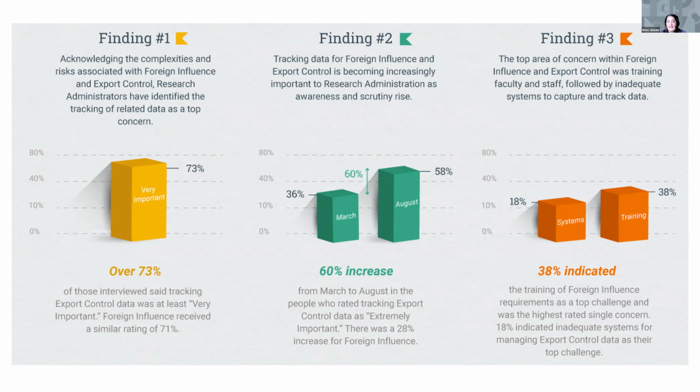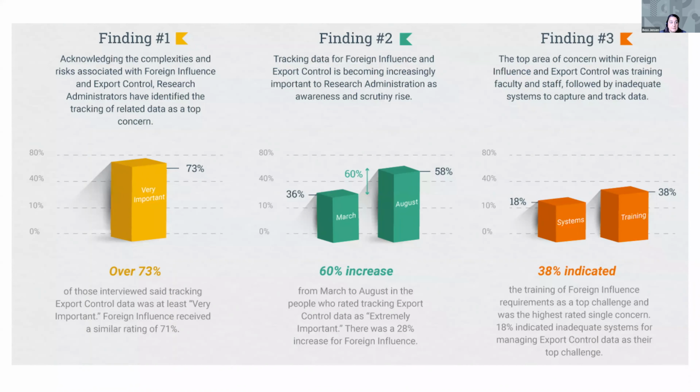And these were really pretty casual surveys that we did when people stopped by the booth. And so what we found through these surveys and conversations is that institutions are increasingly concerned about needing to manage export control, and that actually that level of concern grew from the first survey to the second.